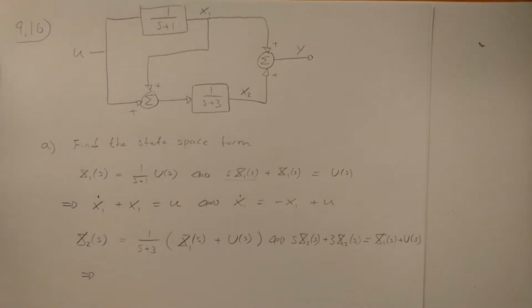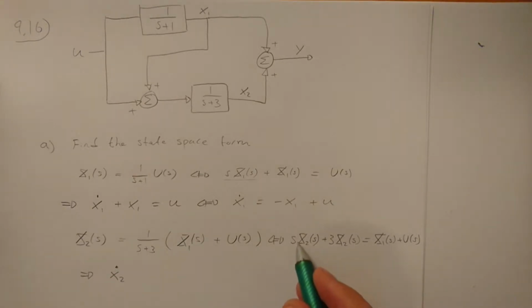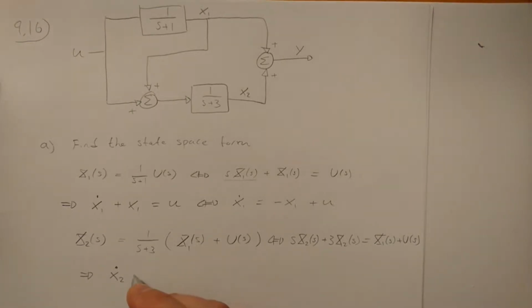And now we're doing an inverse Laplace transformation of that. So just as before, this one becomes x2 dot when we have multiplication with s here. So it's a derivative in the time domain, and then we have plus 3 x2, and this is equal to x1 plus u.